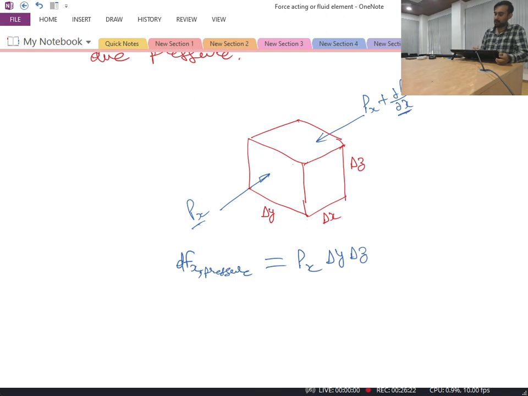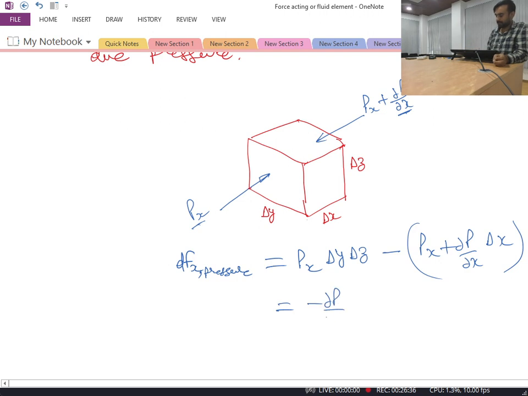So this is the area on which it is acting, and minus of px plus del p by del x into delta x times delta y into delta z. So this simplifies to minus del p by del x into delta x delta y delta z, and delta x delta y delta z is nothing but the volume of the fluid element. So I can simply write minus del p by del x into delta v, if delta v is the volume of the fluid element.